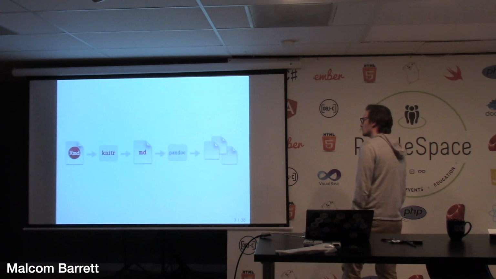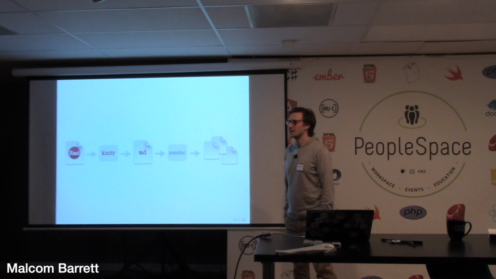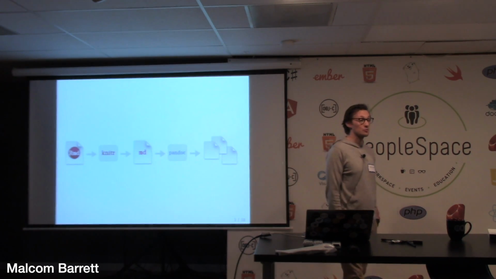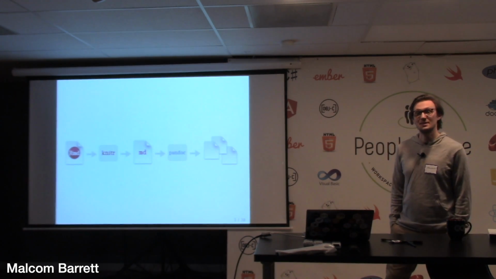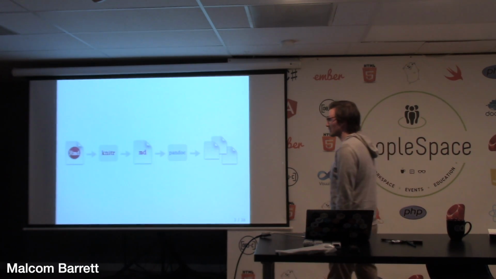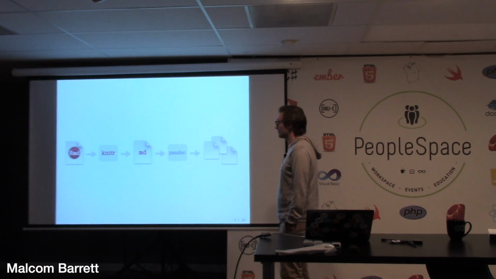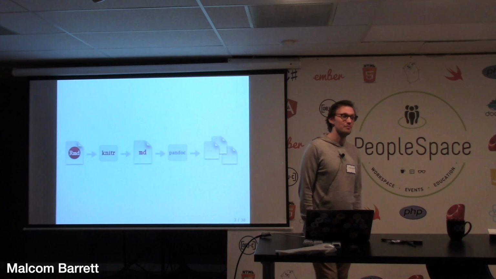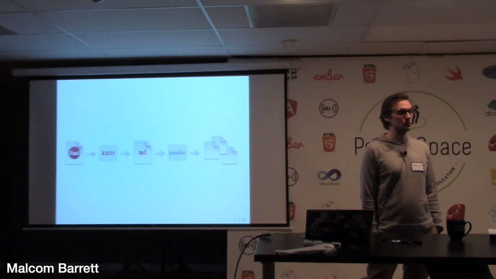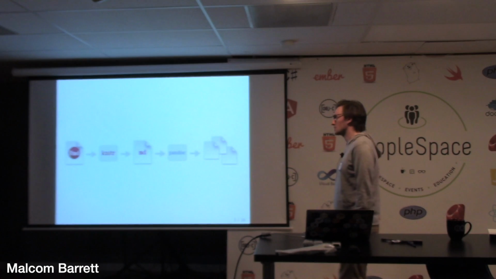You may not know a lot about what's happening in the background of R Markdown as we put these documents together. But an interesting thing about R Markdown is that it's really the confluence of many powerful tools in the data analysis pipeline.